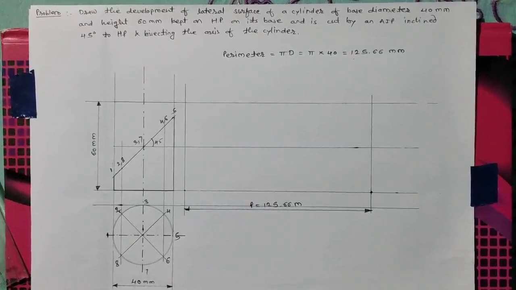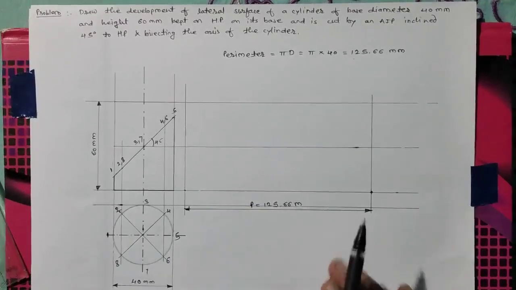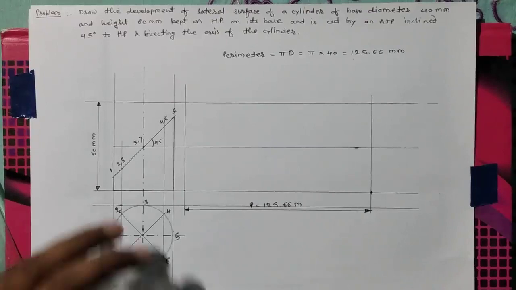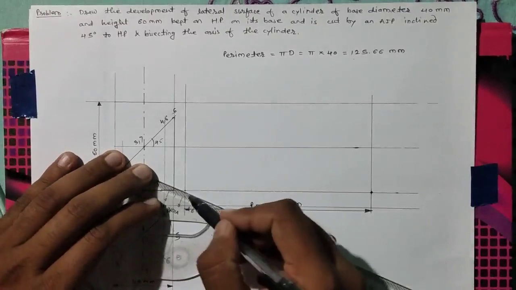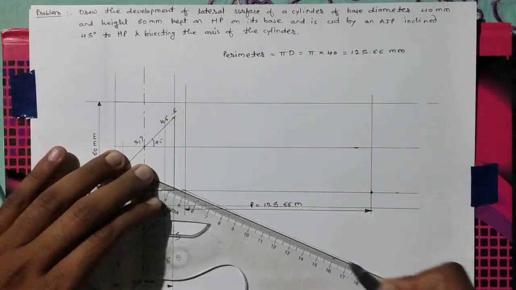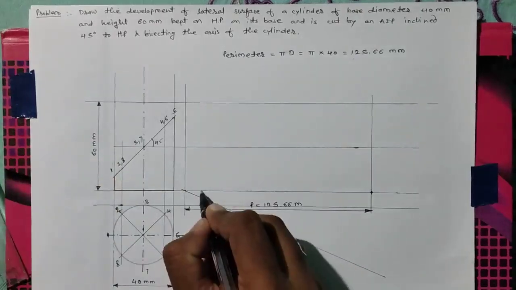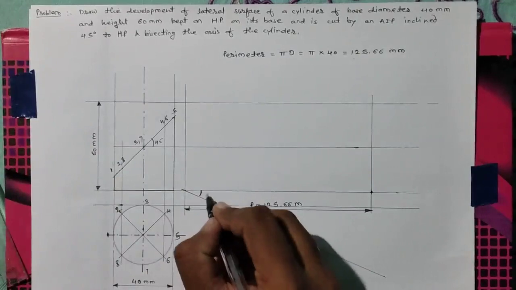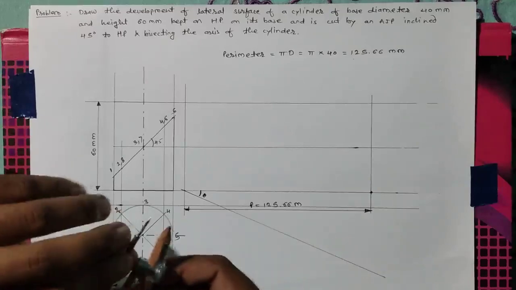So we have to divide this length of the rectangle into the same 8 equal parts. We use this method for dividing the circle. We have drawn the projection line. Take any angle, theta, and take a suitable distance in the compass.